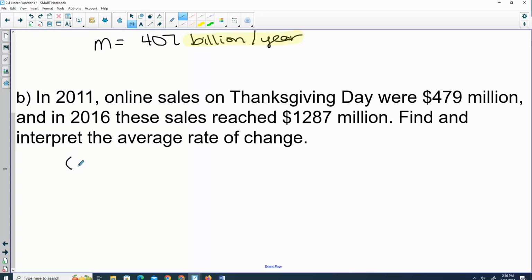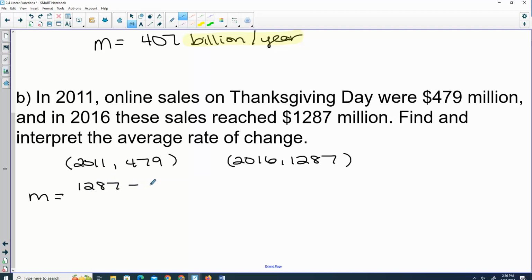What would my first ordered pair be? And my second point? y2 minus y1 over x2 minus x1.